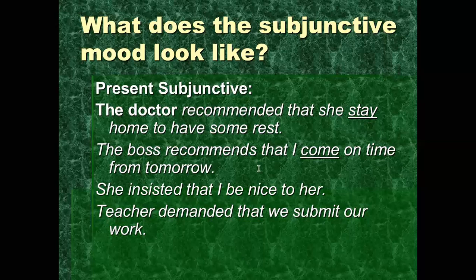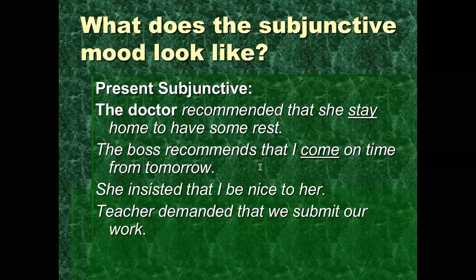Now let's have a look at another example here. The boss recommends that I come on time from tomorrow. Now here we can see that this is something which is about the present time. Why? Because the verb in the main clause is in the present form.